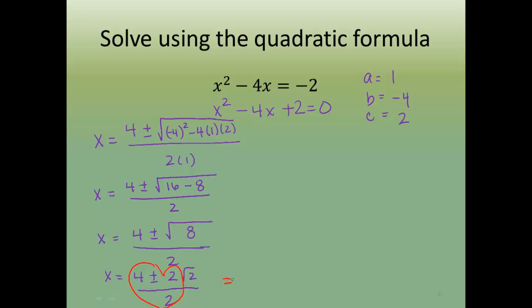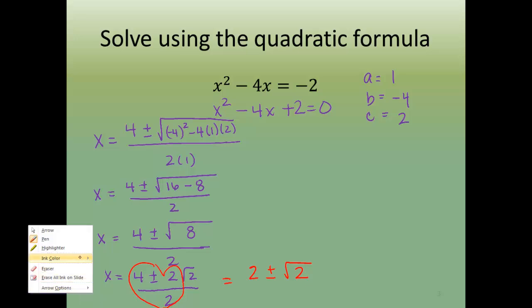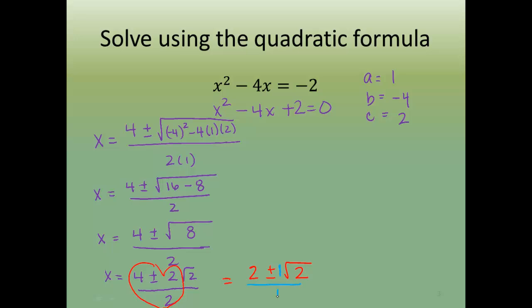That would leave us with 2 plus or minus the square root of 2. You do have the option of putting in the ones where the 2's once were as we divided there, but those are optional and completely unnecessary. Your simplified answer is 2 plus or minus the square root of 2.